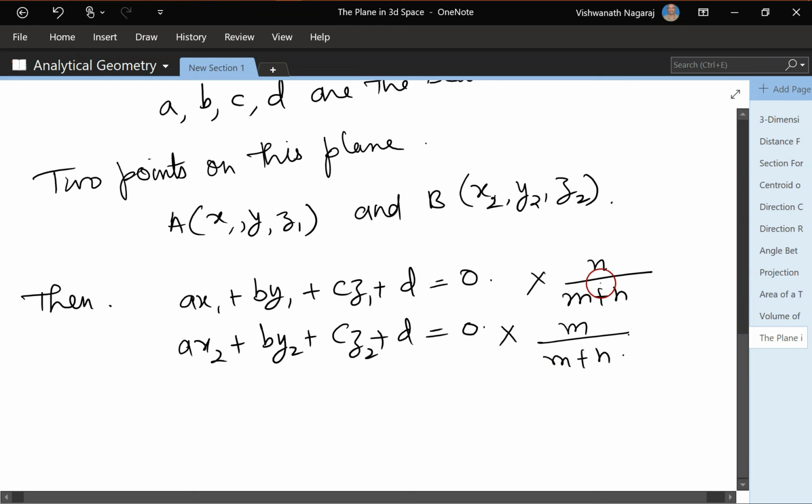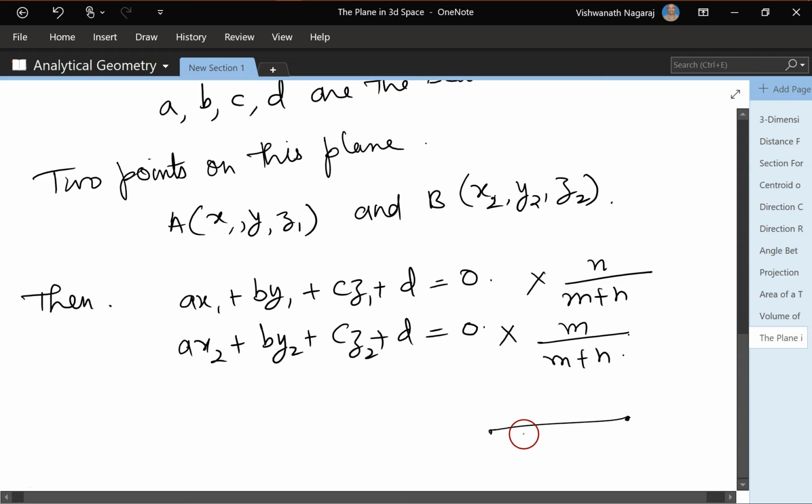You remember one way in which we can prove that all the points on the line connecting 2 points lie on the same plane is by showing that each of these points divides this line in the ratio of m:n.